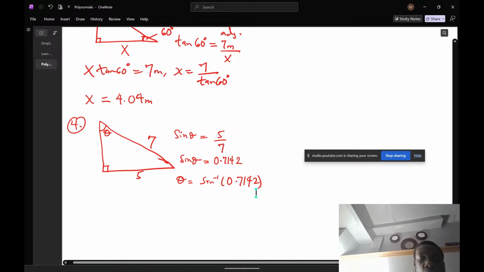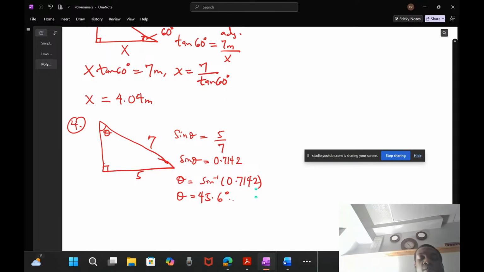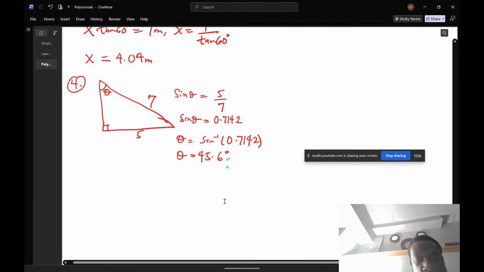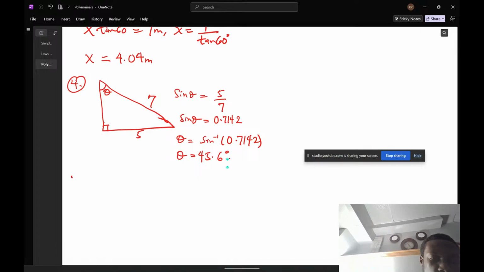So theta is equals to 45.6 degrees. Okay. So let's do another one.